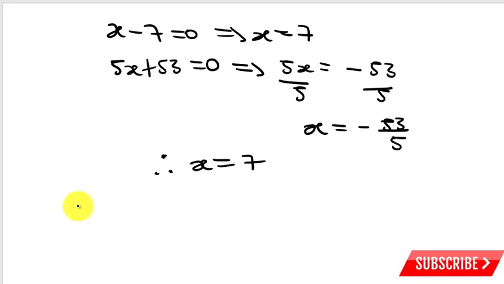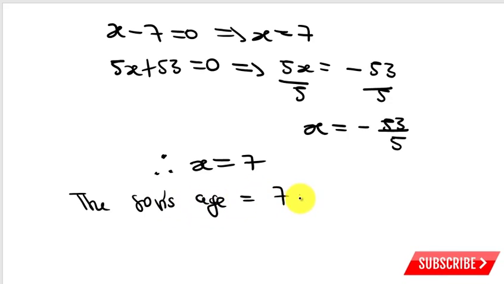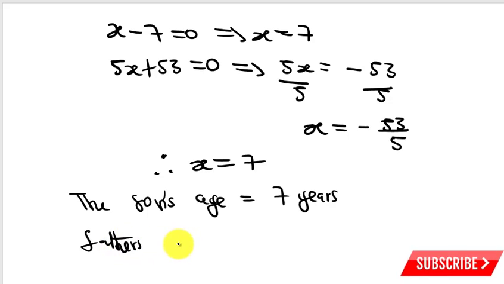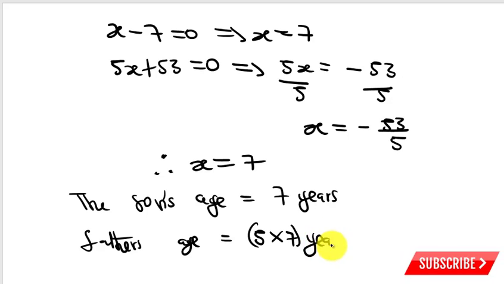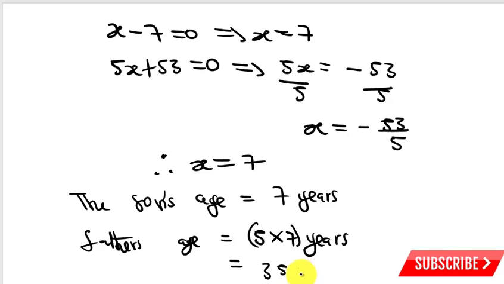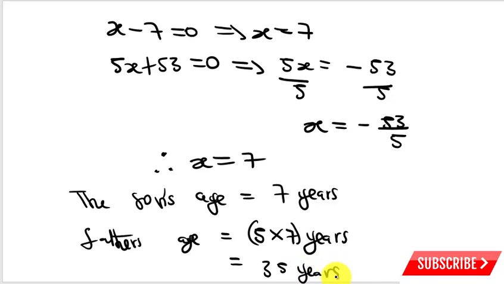Hence, the son's age is equal to 7 years, and the father's age, which was 5x, so it means 5 times 7 years, and that will be equal to 35 years.